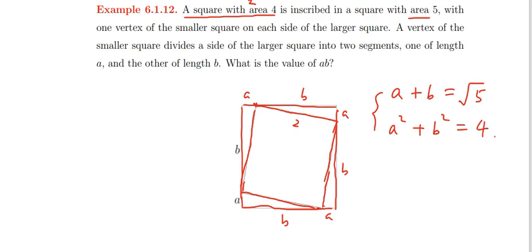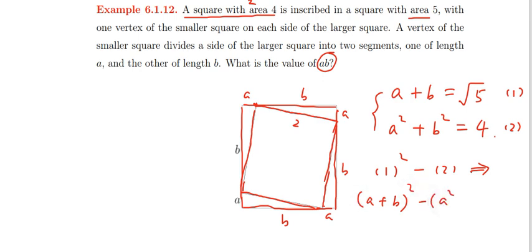From those two equations we can find A and B. But the question is we just need to find A times B. So here we need a little algebra. Suppose this equation is 1, this equation is 2. Let's check equation 1 squared minus equation 2. We get (A plus B) squared minus (A squared plus B squared) equals 5 minus 4, which is 1.